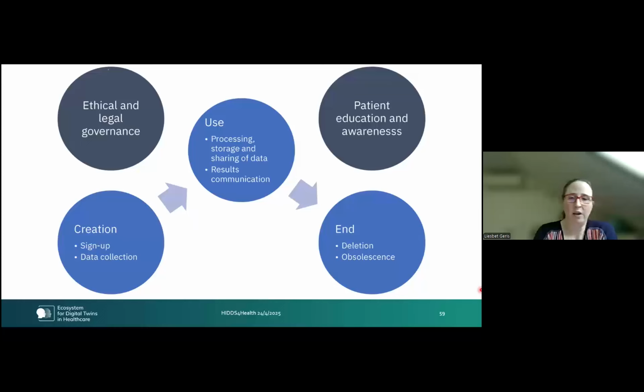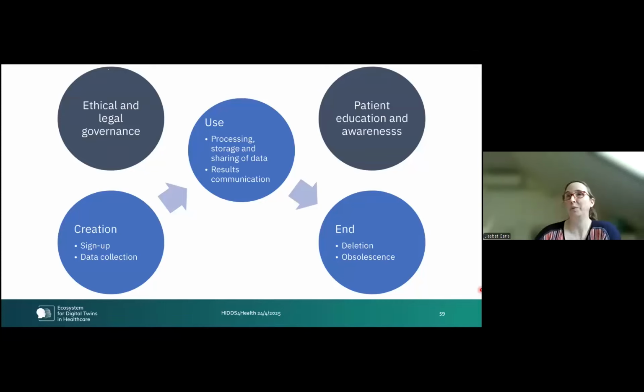And for instance, this is an example of data privacy, the ethical and legal governance. When you create a tool for a digital twin, people sign up, people agree to processing, storing, sharing the data. The results will be communicated, but then there's also an end. How does this work? Does your data get deleted?